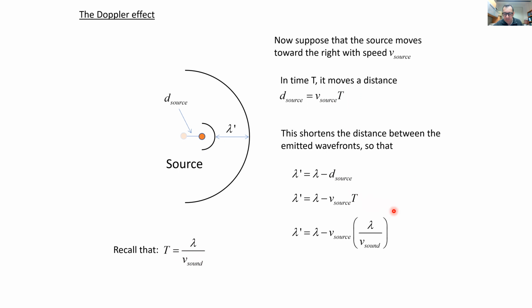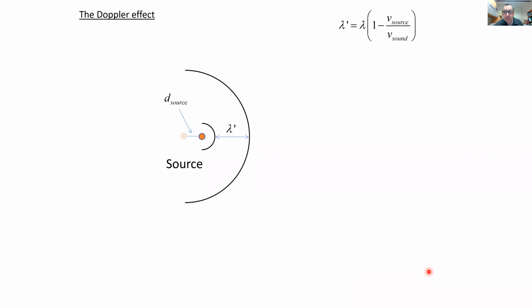Plug that in for the period. I have this. Now I can factor a lambda out to make it a little more elegant. There we go. So this gives me the new wavelength in terms of the two speeds, speed of the source and speed of sound. This is the wavelength that would be measured by a stationary observer who receives these wavefronts.